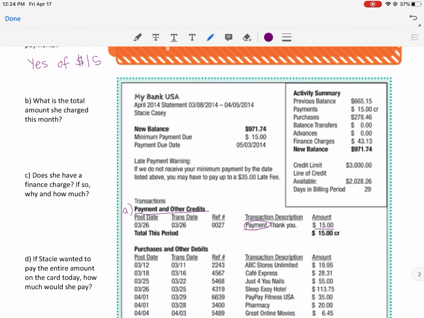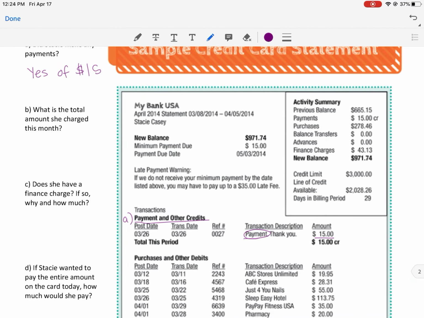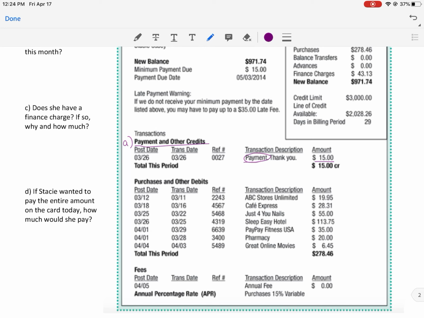Okay, what is the total amount she charged this month? Meaning how much did she put on her credit card? So you've got these purchases and other debits, so this is part B, and the answer here is the total for this period.